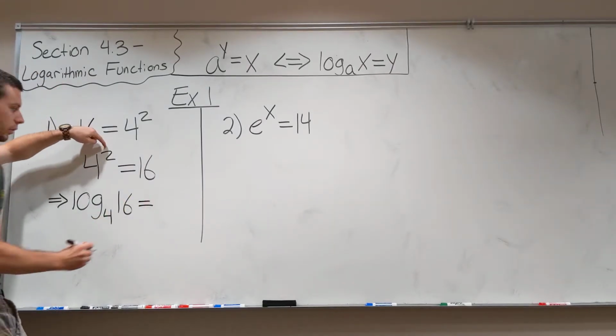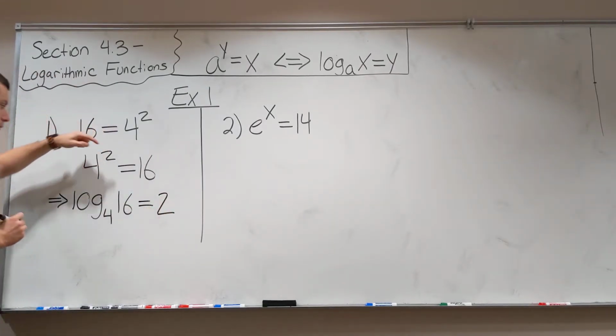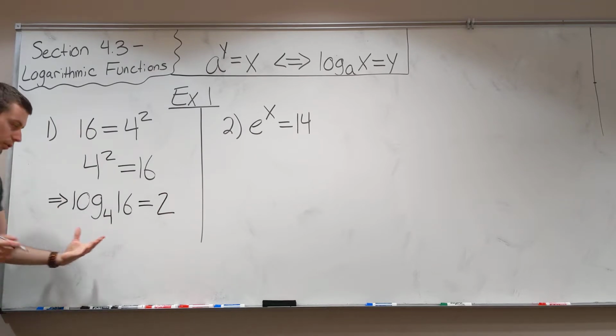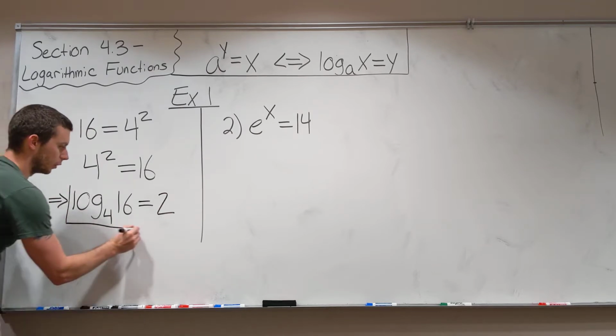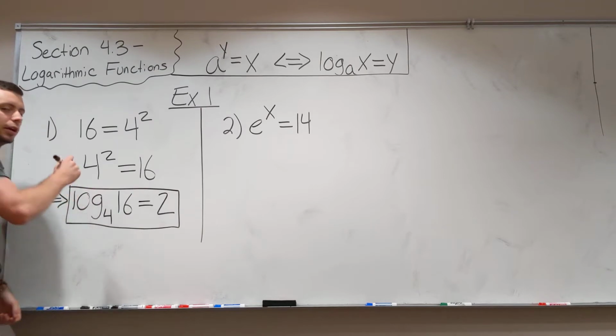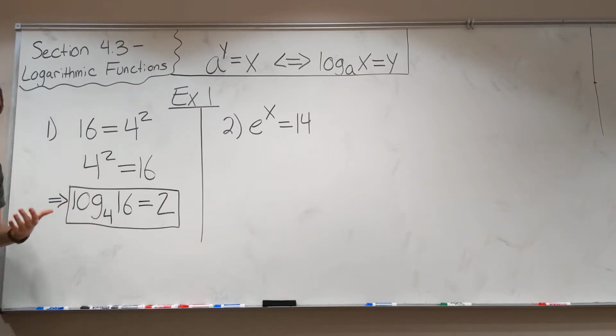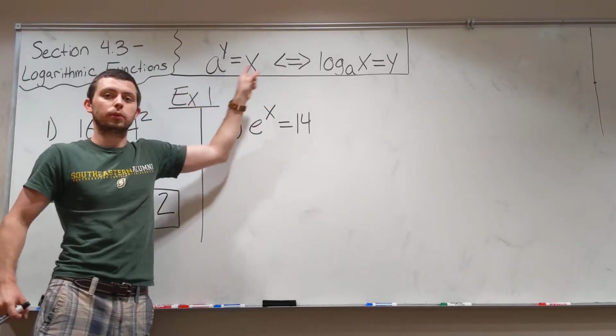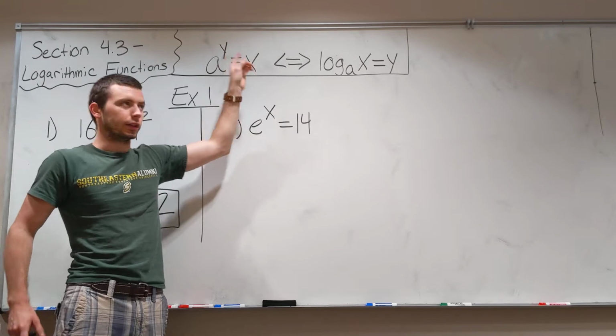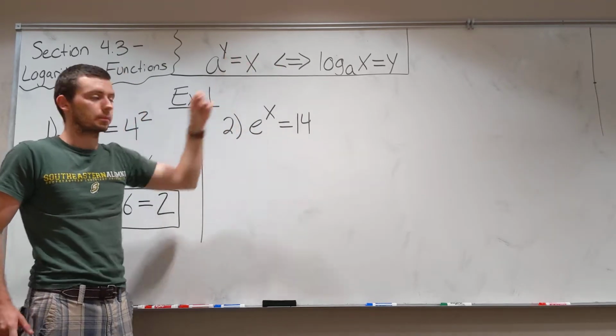So the exponent is 2. And so this is actually it. This is our answer. This is all it wants. It just wants you to be comfortable with rewriting exponential forms as logarithmic forms using this conversion formula. That's all this is, a conversion formula.